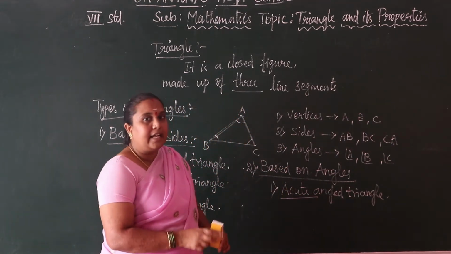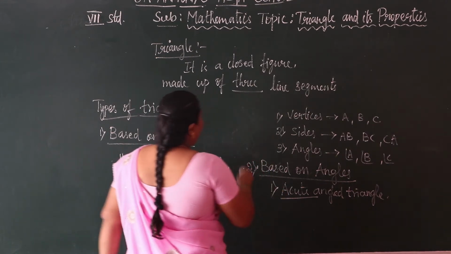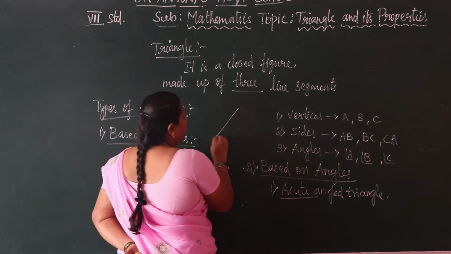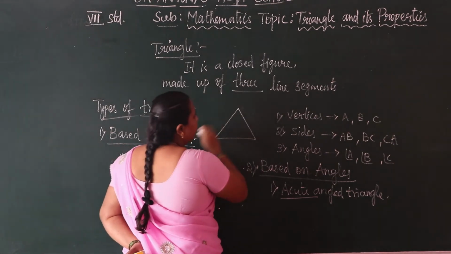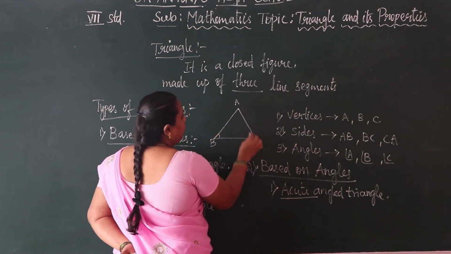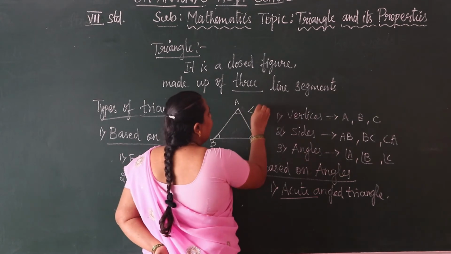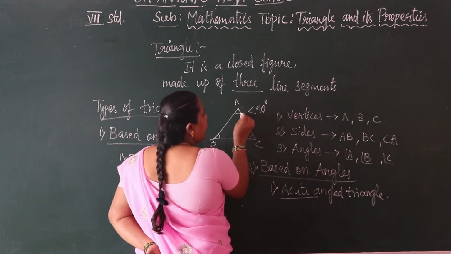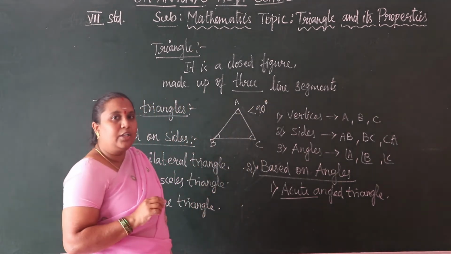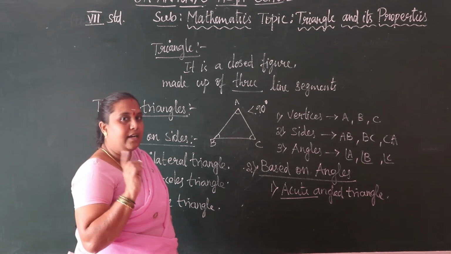Now I am drawing a triangle like this. So all the three angles are acute angles. They are less than 90 degree. So less than 90 degree means it is an acute angle triangle.